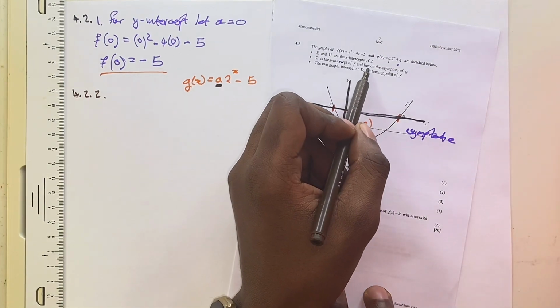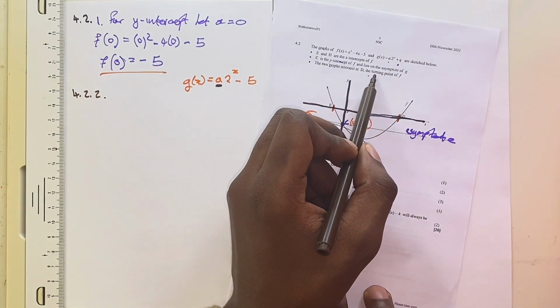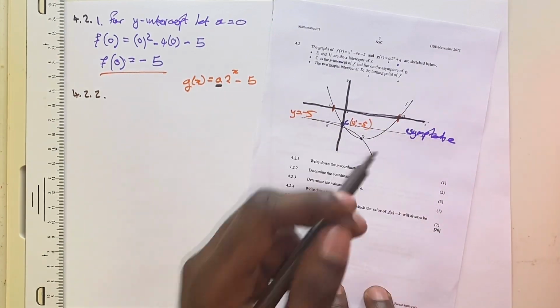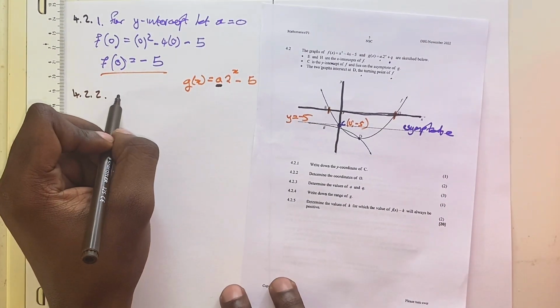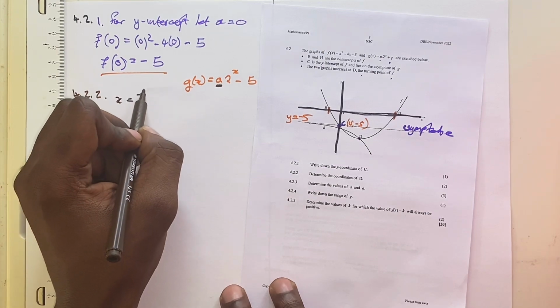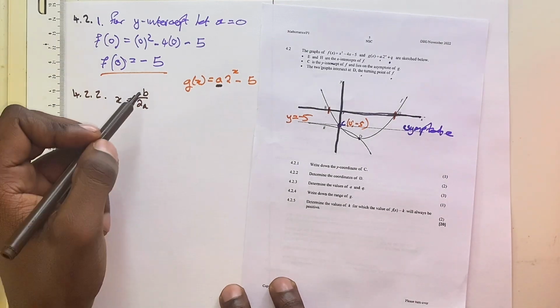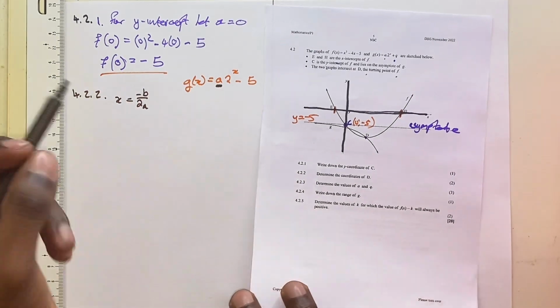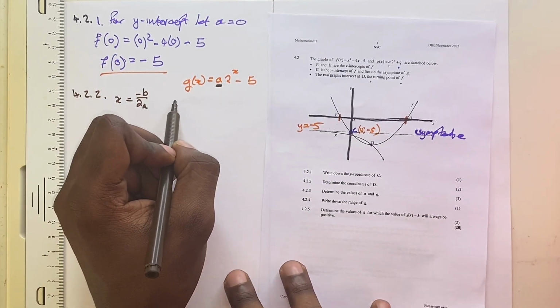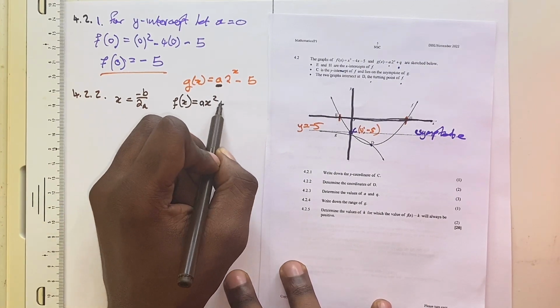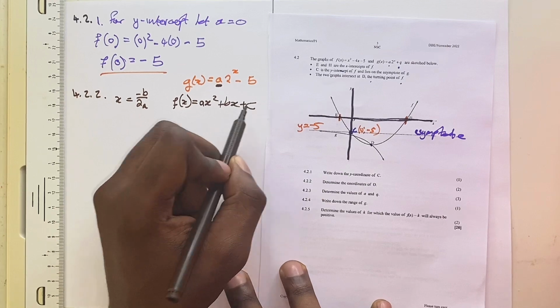Now it also says D is the turning point of f, and you know that when you have a parabolic function, the x-coordinate of the turning point is equal to negative b over 2a. Now what's b and what's a? Now in a quadratic function, the function is given by f of x equal to ax squared plus bx plus c.